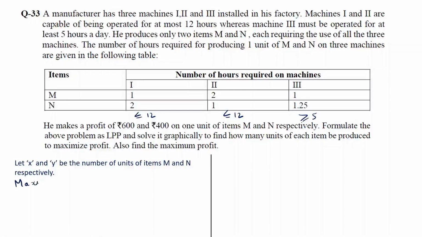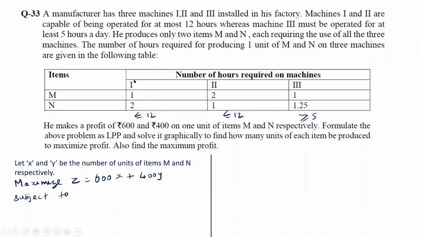So, maximize Z is equal to, he makes a profit of rupees 600 on 1 unit of M. So, on x units of M, he will make a profit of 600x. And he makes a profit of rupees 400 on 1 unit of N. So, for y units of N, the profit is 400y. So, maximize Z is equal to 600x plus 400y, subject to the constraints.